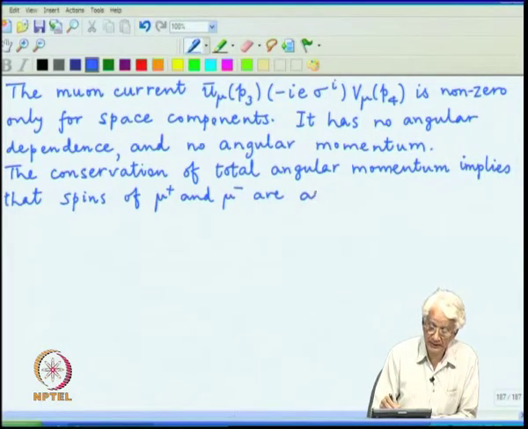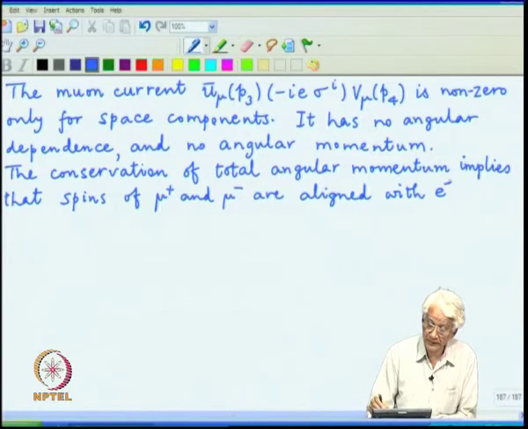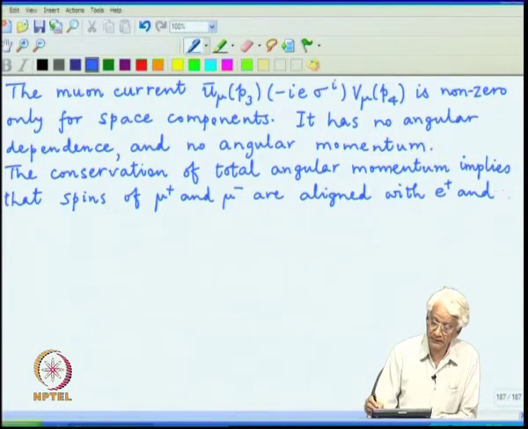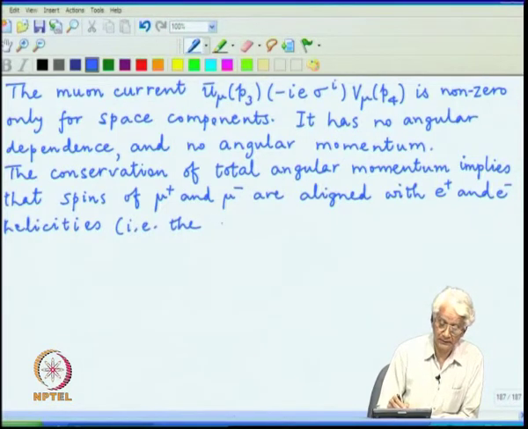So, aligned with e plus e minus helicities, which is the collision direction.